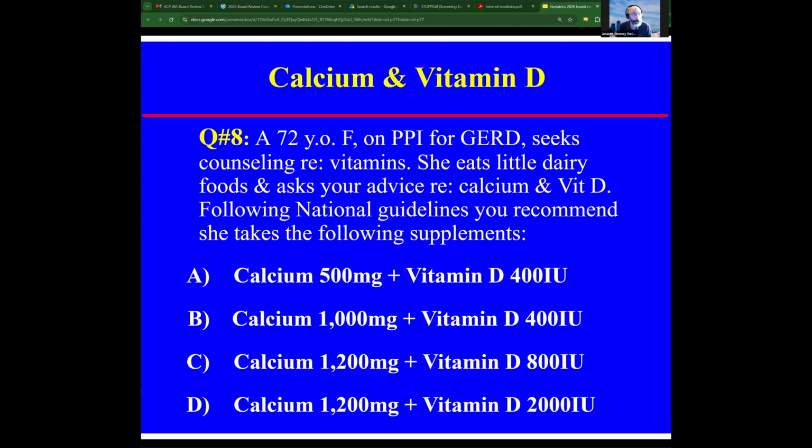So you, being the diligent internist, you're following national guidelines, you recommend she takes which of the following combinations? Do you suggest 500 of calcium with 400 international units of vitamin D, 1,000 of calcium with 400 of vitamin D, 1,200 of calcium with 800 of vitamin D, or 1,200 of calcium with 2,000 of vitamin D?